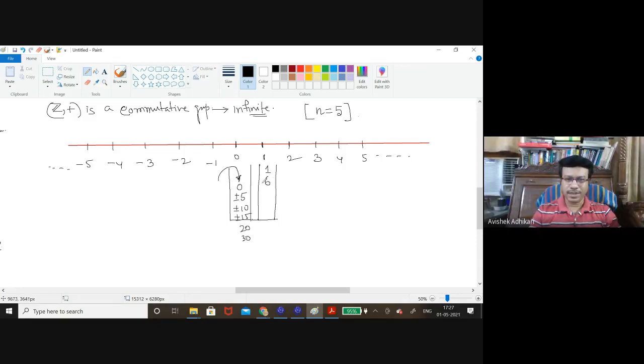Okay, let's see, 6. Now the concept again, in my class I have already mentioned what is minus 6. If I divide it by 5, what should be the remainder and what should be the quotient? Quickly tell me.